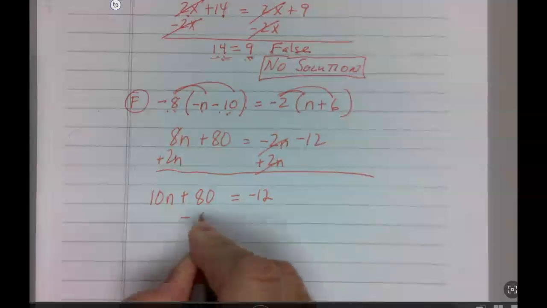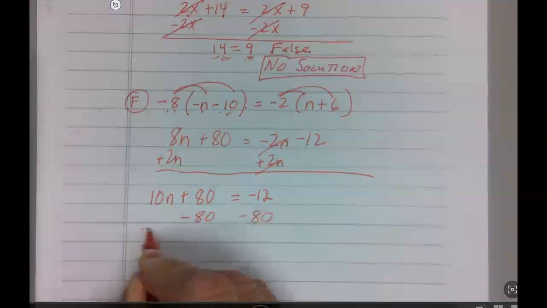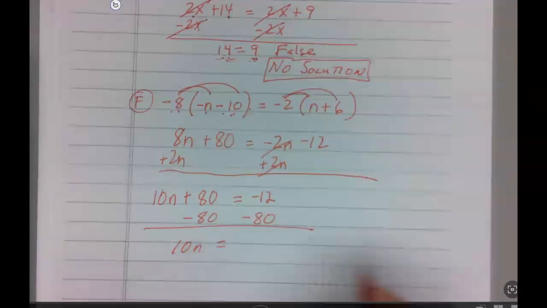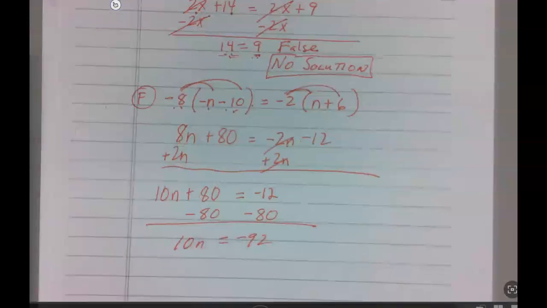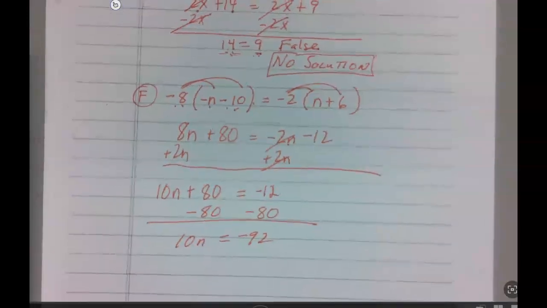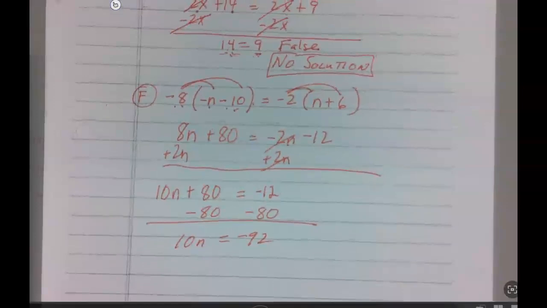Subtract 80. Probably going to use your calculator for this, right? Check my work, see if negative 92 is correct. I'm at negative 12 and I go down negative 80, it's going to get colder, isn't it? Correct? And then what am I going to do next, Caleb? Divide by 2. Very good.